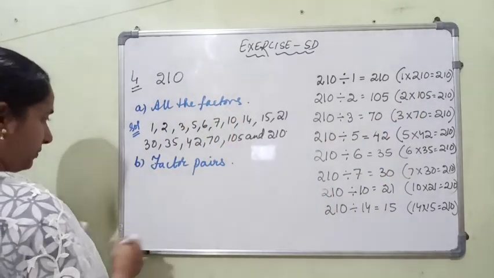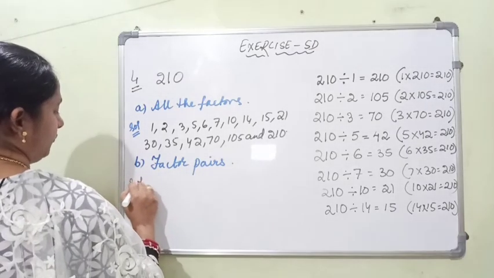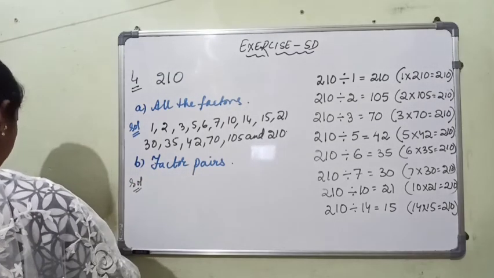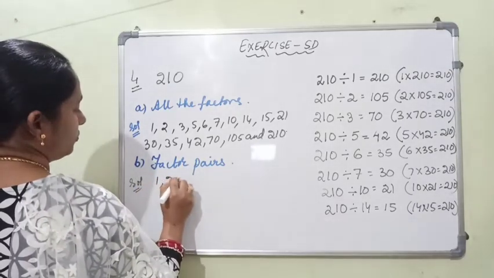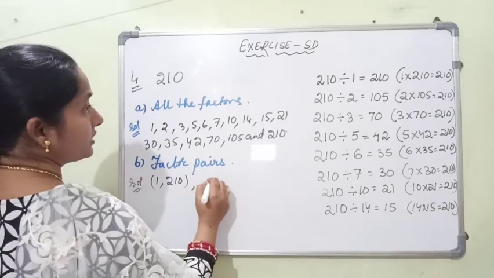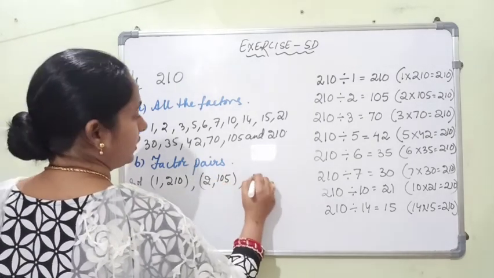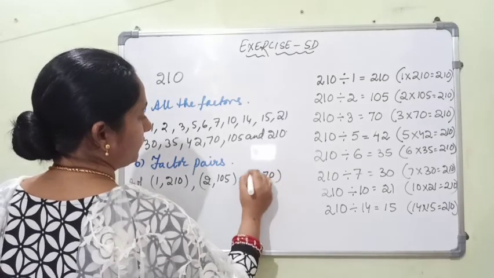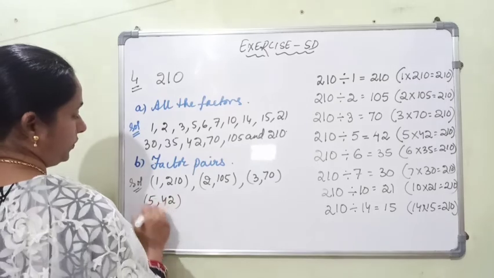The first factor pair, what did you get? 1 and 210. Then the next one is 2, 105. Then 3, 70. Then 5, 42.